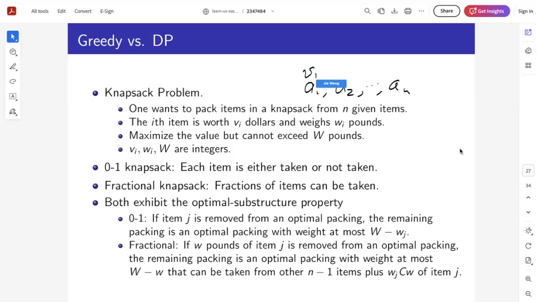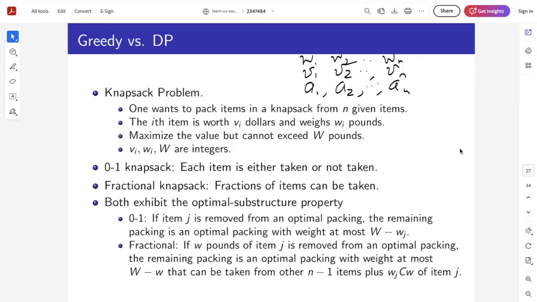Say A1 has a value V1, A2 has value V2, and AN has value VN. And also each item has a weight. So let's say A1 weighs W1, A2 weighs W2, and AN weighs WN.